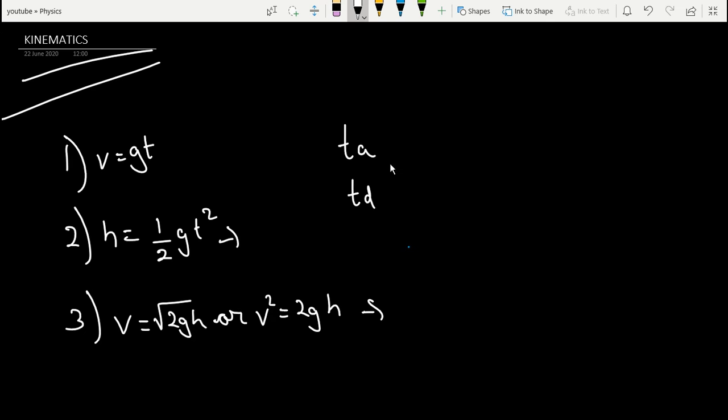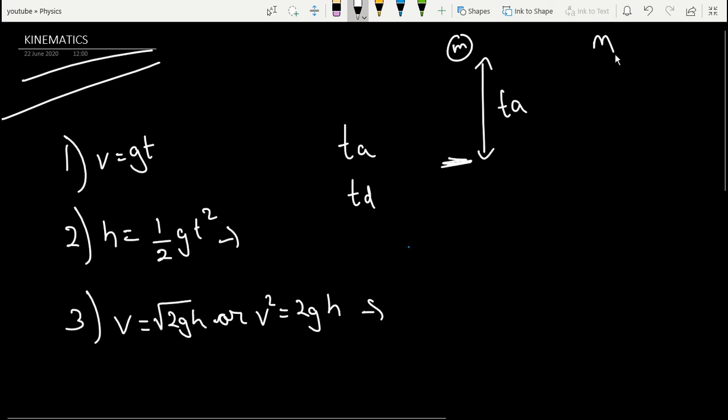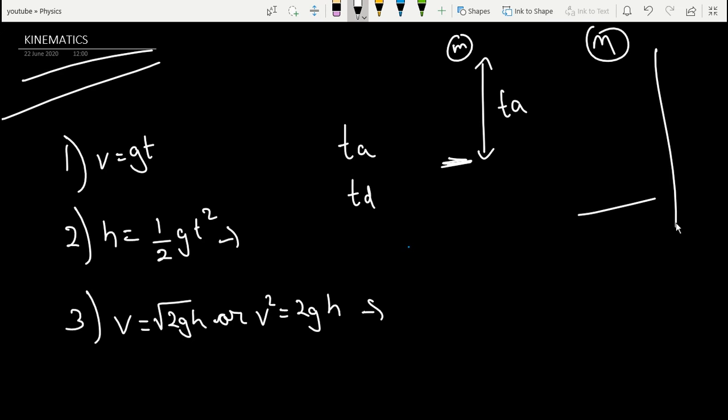The time of ascent is the time from when the body is at the starting point till the body goes up. The time taken to complete this distance is known as time of ascent, from down to up. And when the body comes down and hits the ground, this is known as time of descent. Understood? And time of ascent plus time of descent is equal to time of flight, meaning the total time it was in the air.